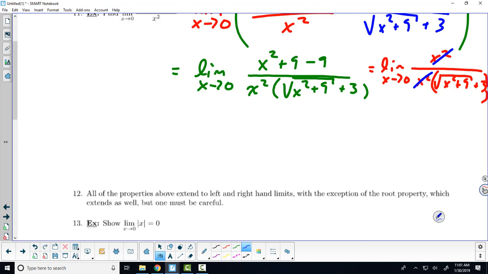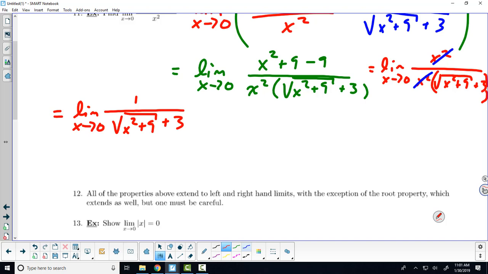Now the x squared terms cancel, right? I'm going to write this one more step just so you see it. The limit as x approaches 0 of 1 over the square root of x squared plus 9 plus 3. Okay? All right.